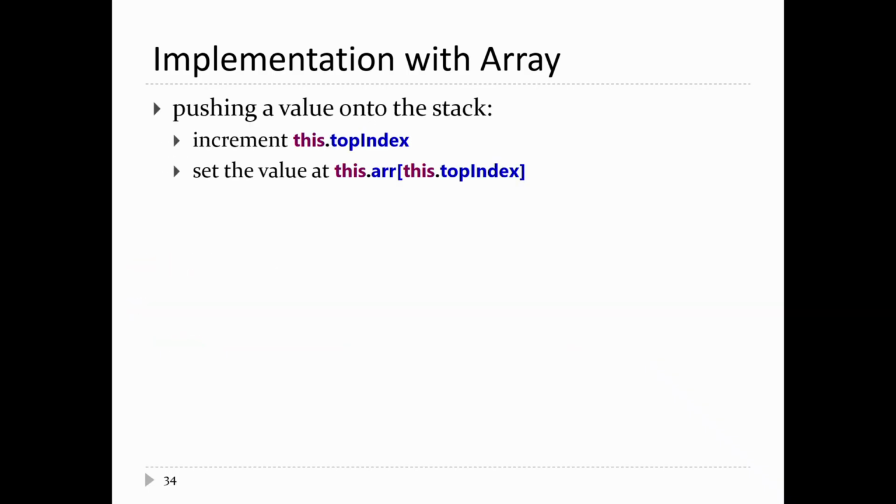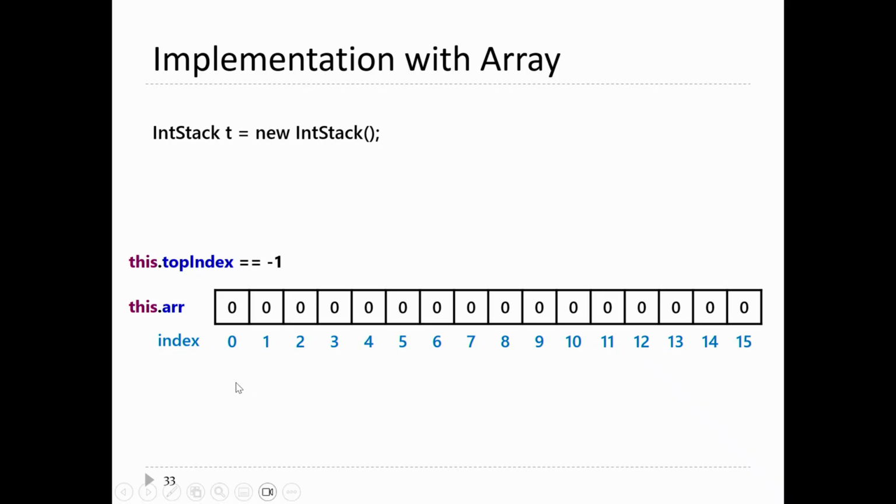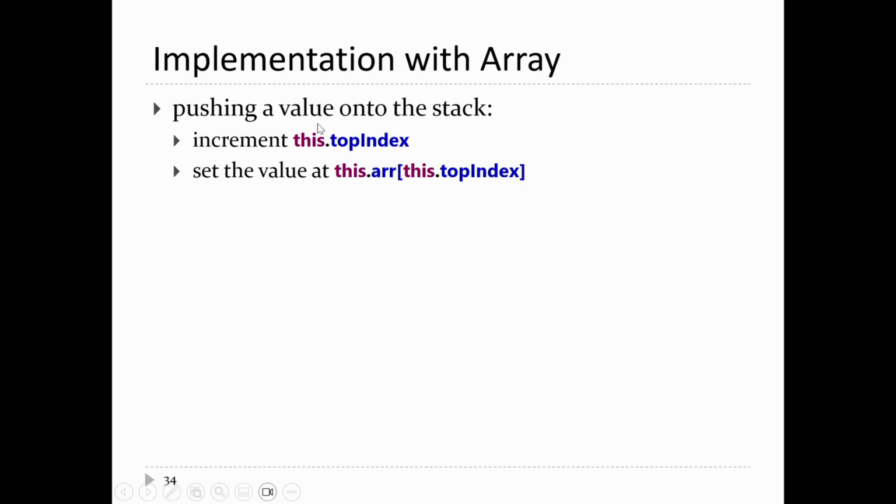Okay, so when you push a value onto the stack, we want to add the value to the quote-unquote end of the array. So the end of the array in this case is going to be at index 0. Top index you can think of as marking the end of the array.